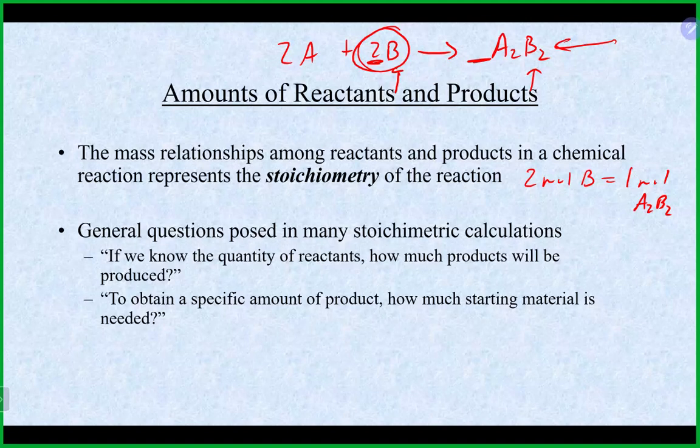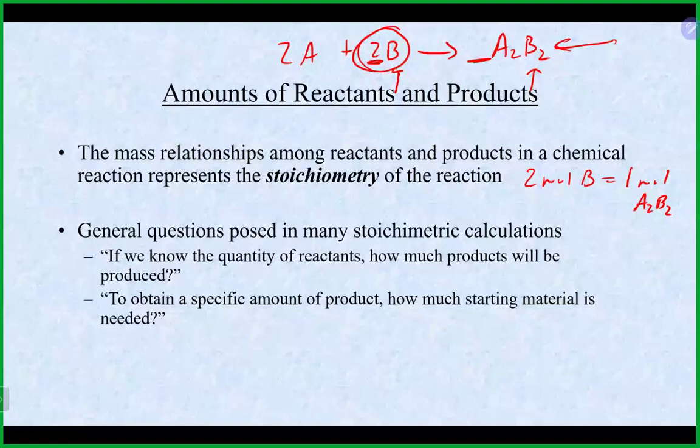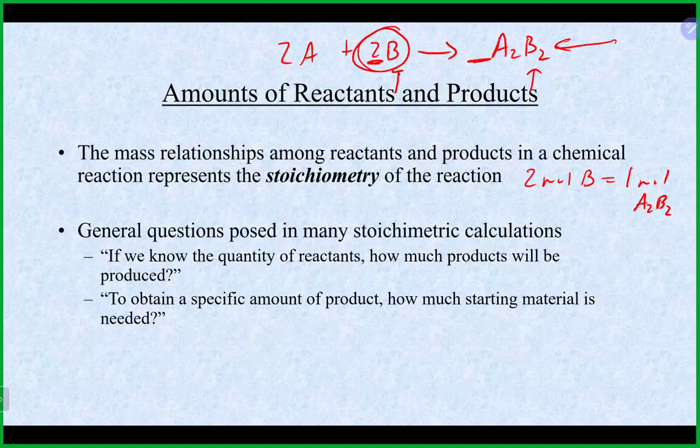That's what stoichiometry allows you to do: if you know the balanced equation for the reaction, and you know just one piece of information, maybe how much reactant you started with, or maybe how much product you actually made, you could do a calculation to figure out all kinds of things. If I know how much reactant I put into this reaction, I know in theory how much product I should get out. This is how much I should make. And that's what stoichiometry could tell you.